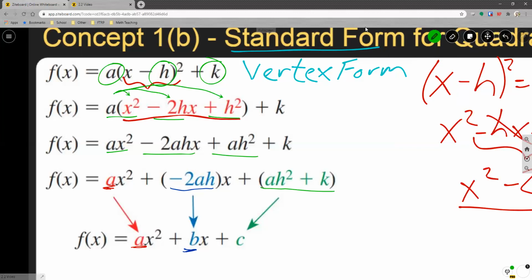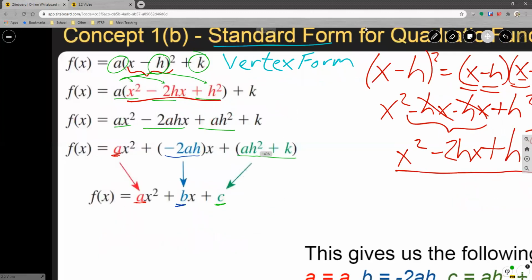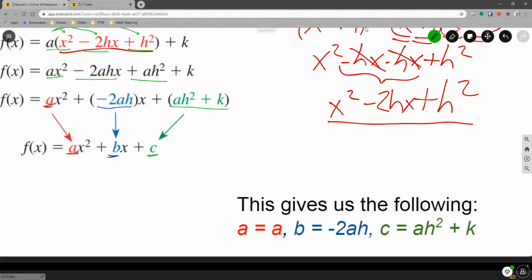A is a value, h squared is a value. You multiply those together, you still have a number. Add k to it, that's another number. So I have c. So I get this nice equivalency where a is a, b is equal to negative 2ah, and c is equal to a times h squared plus k.